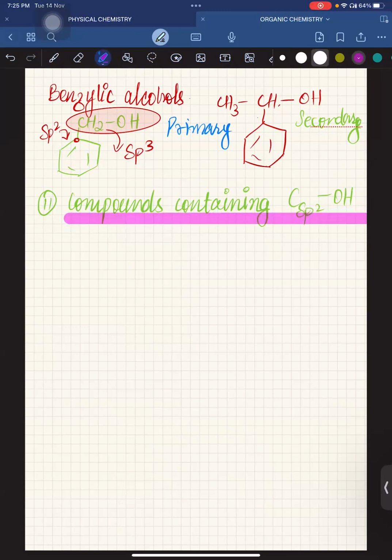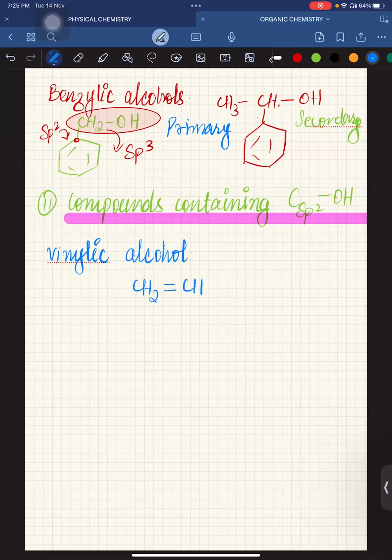Let me show you. This is called vinylic alcohol, like CH2 double bond CHOH. If this OH is directly connected to the sp2 carbon, that is called vinylic.